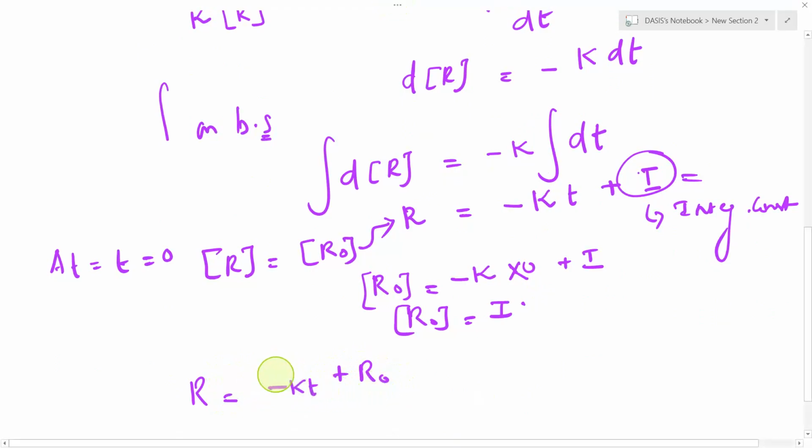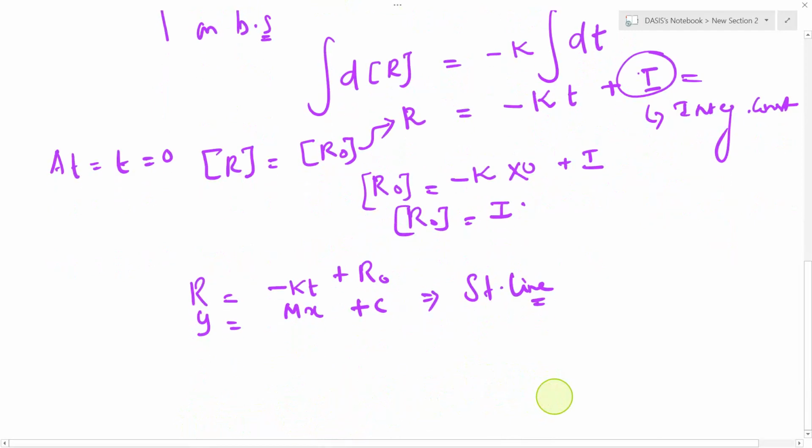So this is the equation which looks like y is equal to mx plus c. This is the equation of a straight line.